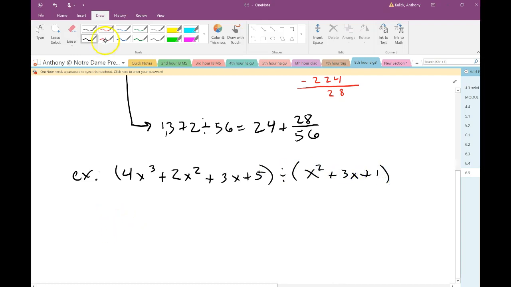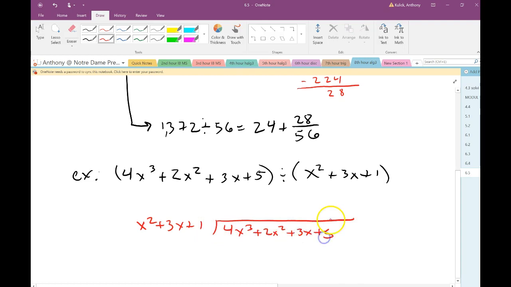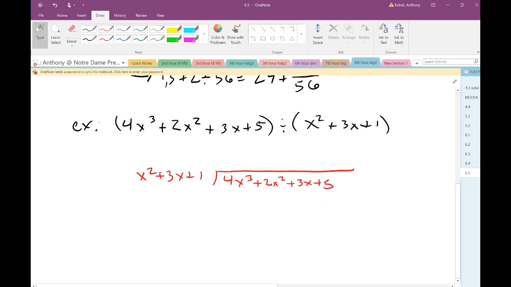So just like before, I'm going to take my divisor, put that on the outside. I'm going to take my dividend, put that underneath, and then I'm going to ask myself the same kind of questions.